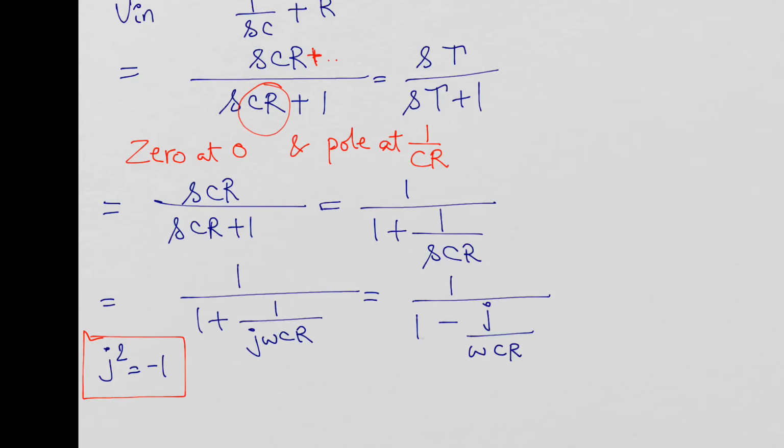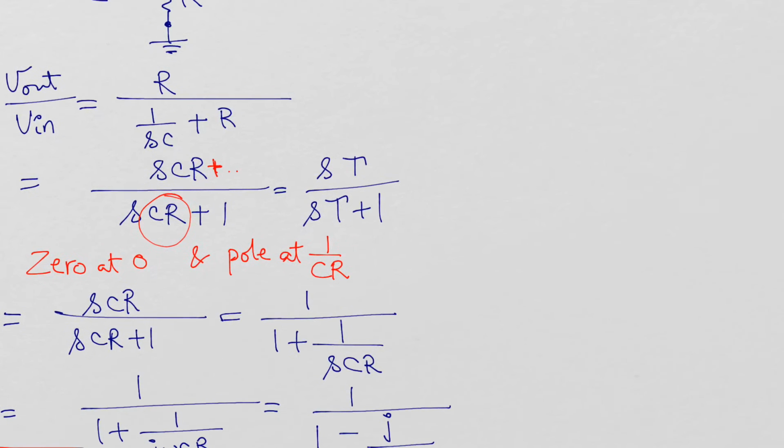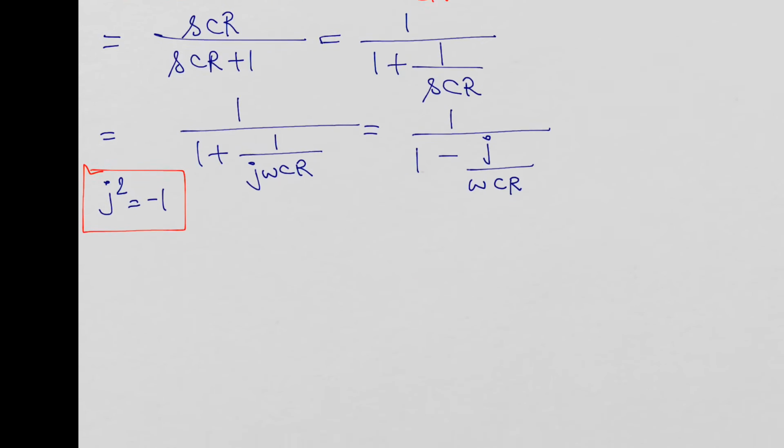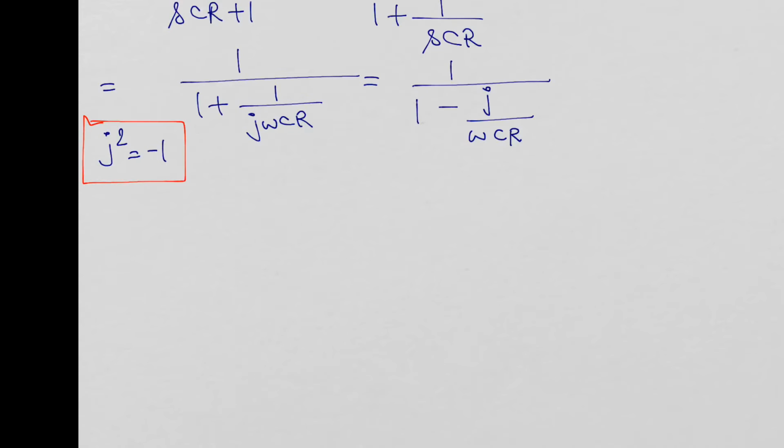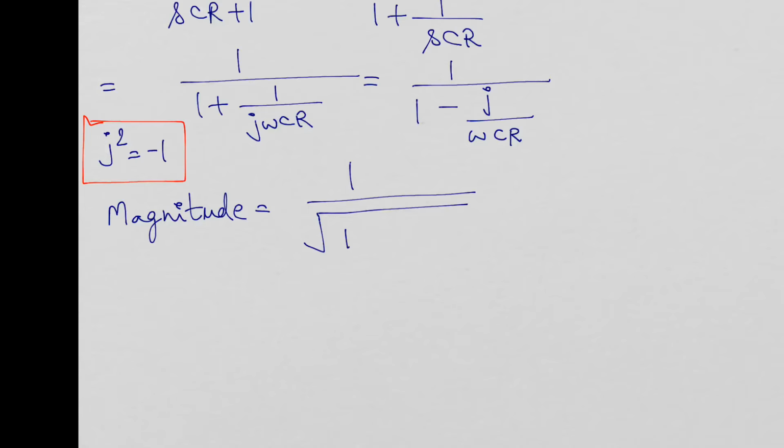Now from this we can get both the magnitude and the phase. Let's get the magnitude first. The magnitude is 1 over the square root of the real part squared, 1 squared, plus the imaginary part, minus 1 over omega CR, squared, which is 1 over omega squared C squared R squared.